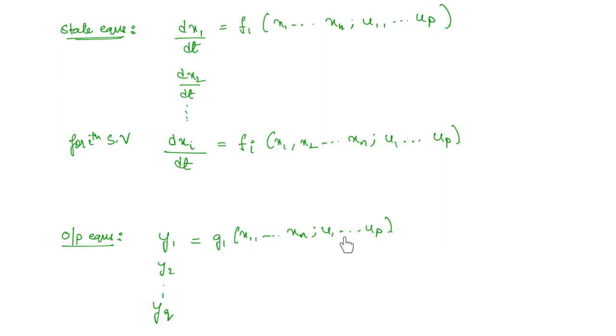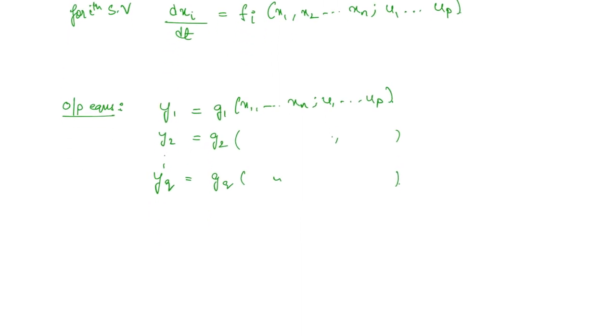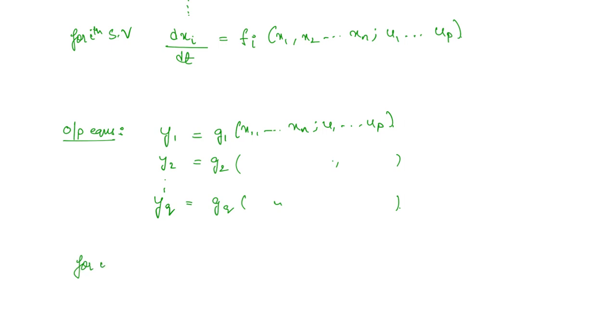In general we write g1, which is a function of all of the state variables and all of the input variables. Similarly, y2 you can write as g2 of these variables, and this is gq of these variables. So in general, for the ith output, yi is equal to gi of x1, x2 and so on till xn, u1, u2 and so on till up.